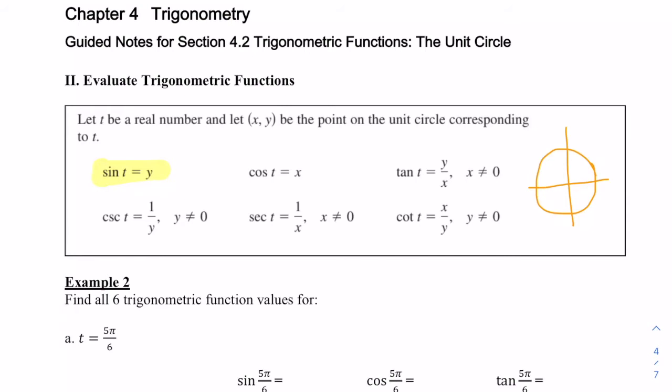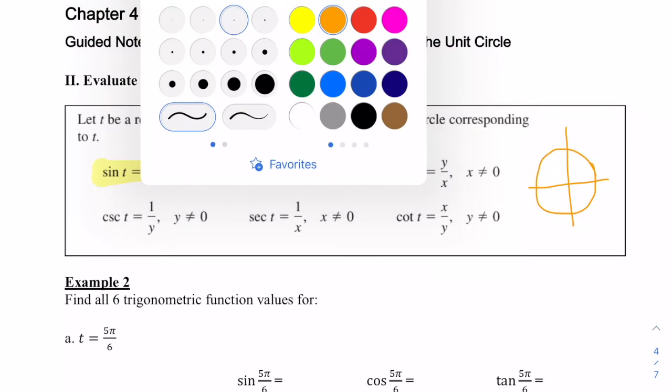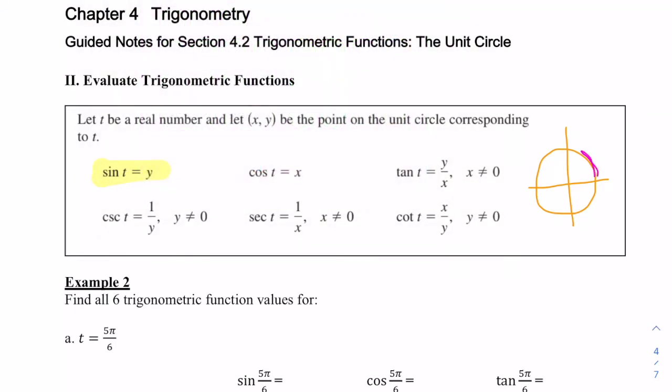So sine of any rotation here, or arc length, t, can be represented with y. So the y is going to be the sine. And then we have the cosine. Well, we saw that that adjacent side showed the length for x, or the coordinate for x. So cosine of t relates to x.